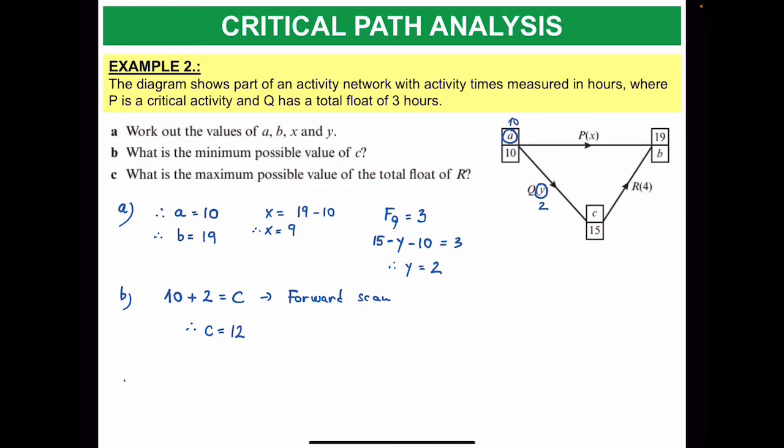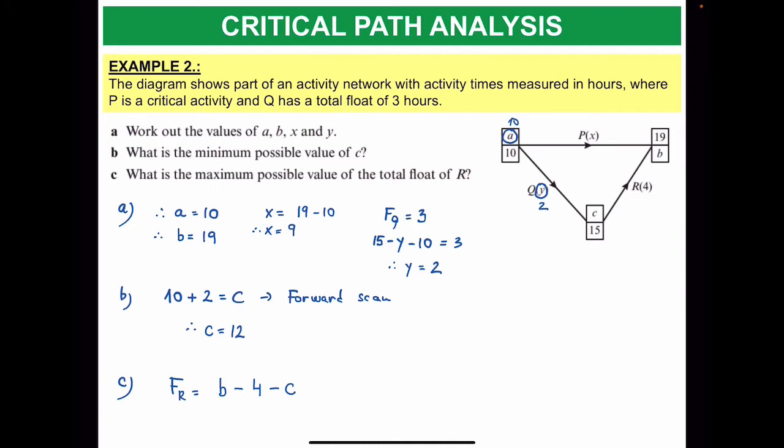And then the C case is asking us to find out the maximum possible value of the total float for R. So we know that the float for the activity is found when I'm going to subtract from B, which is my 19 now, I will take 4, the duration of the activity, and I will take C, which is the early time on the other end of the activity.